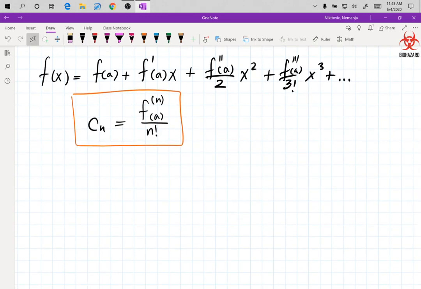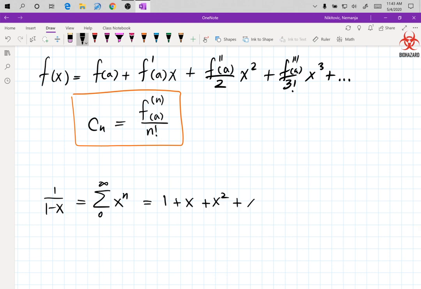So one of them is going to be 1 over 1 minus x, which can simply be written as the sum of x to the n from 0 to infinity. And when you write out the power series for it in terms of the terms, you just get this basic form like this.